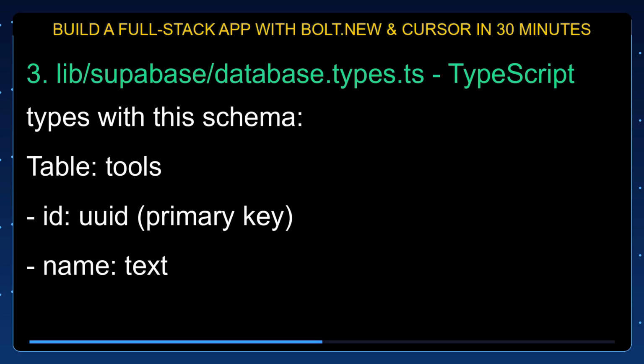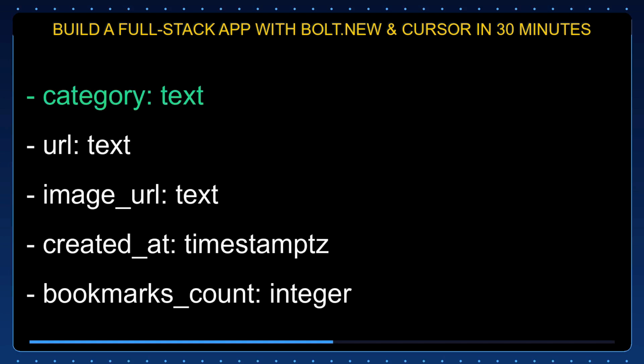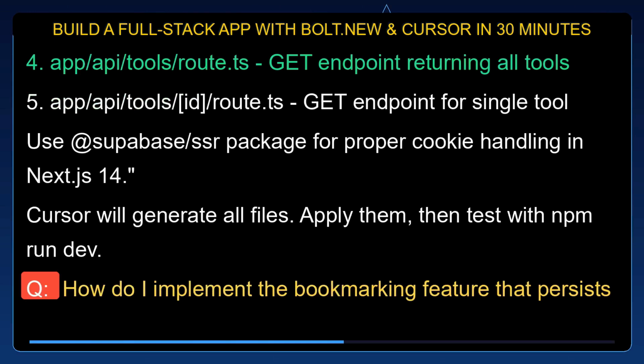Table: tools, id, UUID, primary key, name, text, description, text, category, text, URL, text, image_URL, text, created_at, timestamp, bookmarks_count, integer. 4. app/api/tools/route.ts, GET endpoint returning all tools. 5. app/api/tools/[id]/route.ts, GET endpoint for single tool. Use the @supabase/ssr package for proper cookie handling in Next.js 14. Cursor will generate all files. Apply them, then test with npm run dev.